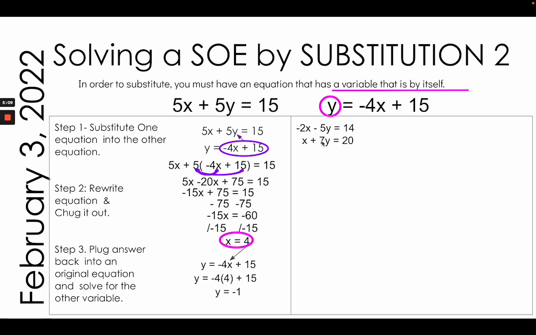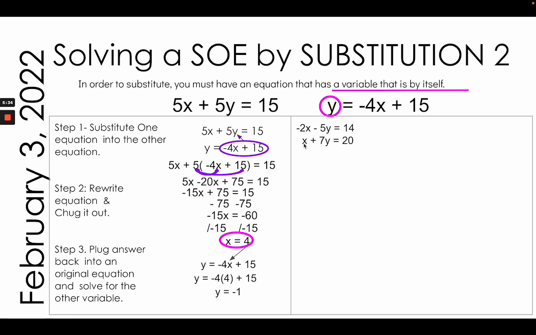When we are in the situation where we do not have an equation that has a variable by itself, we're going to solve for y, or x, whatever is the easier variable to solve for. Because I know that I can easily get x by itself by just taking the 7y and pushing it to the other side of the equation, I'm going to solve for x here.